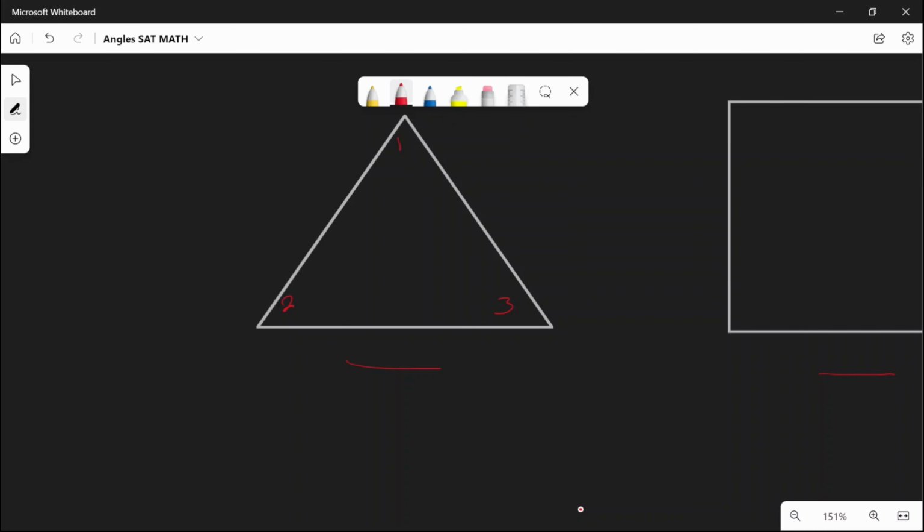And the total measurement of angle 1 plus angle 2 plus angle 3 is equal to 180 degrees. So the total measurement of a triangle is equal to 180 degrees.